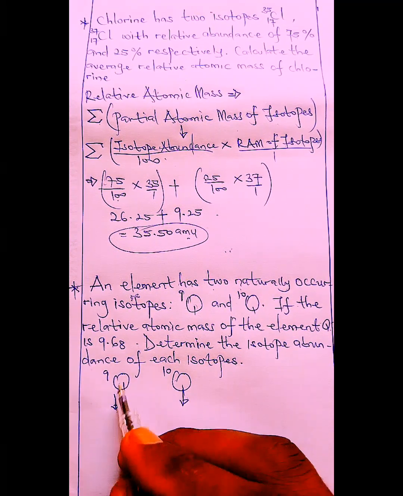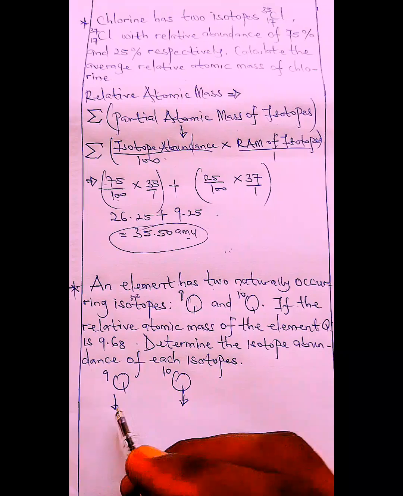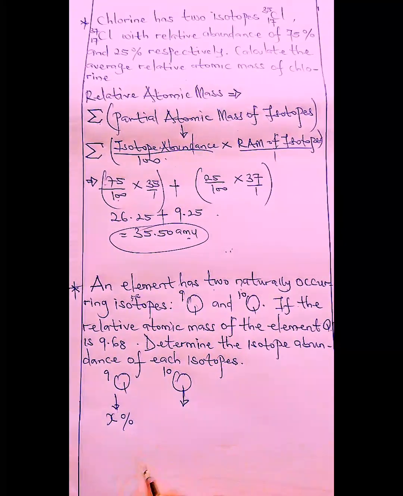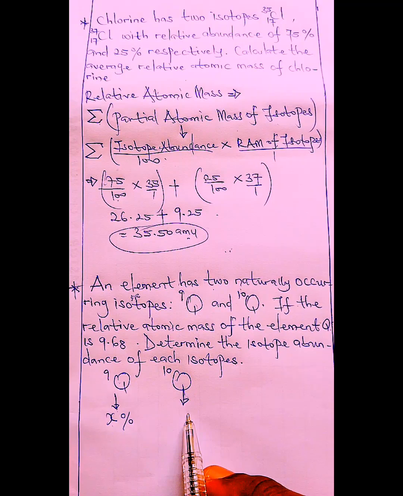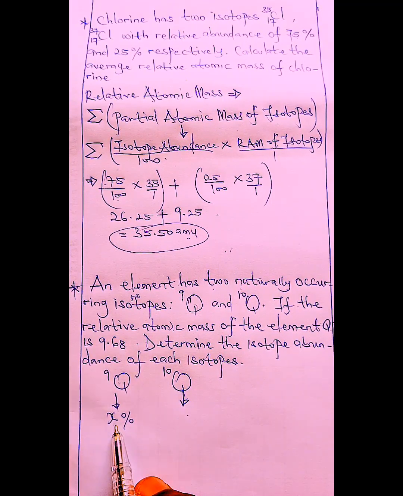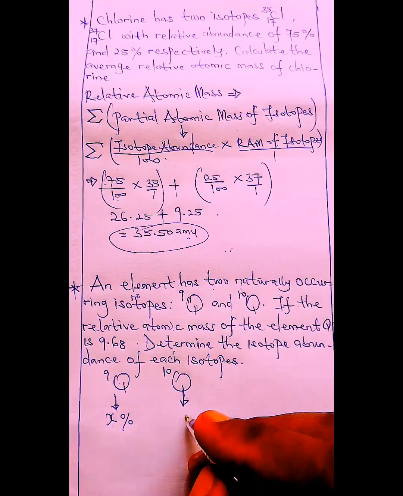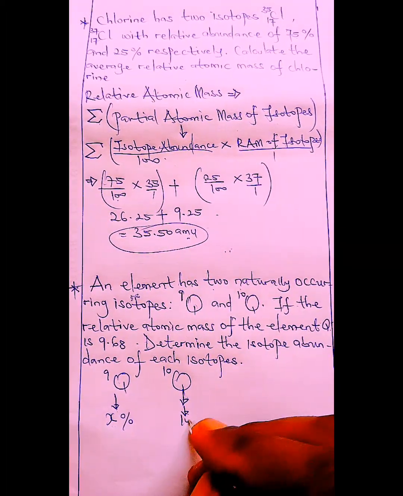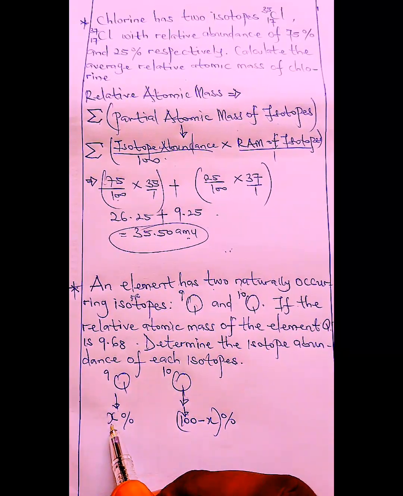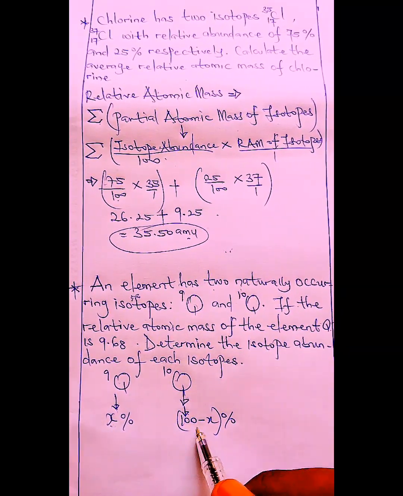So let's assume that the very first element, the very first isotope, I beg your pardon, has X%. And don't forget, by the time you add this and this together, we're going to get 100%. So if this has X% and we just have two isotopes, the other one must have 100 minus X%. More or less like saying this is 30% in nature, then if this is 30%, for example, here it's going to be 70%.